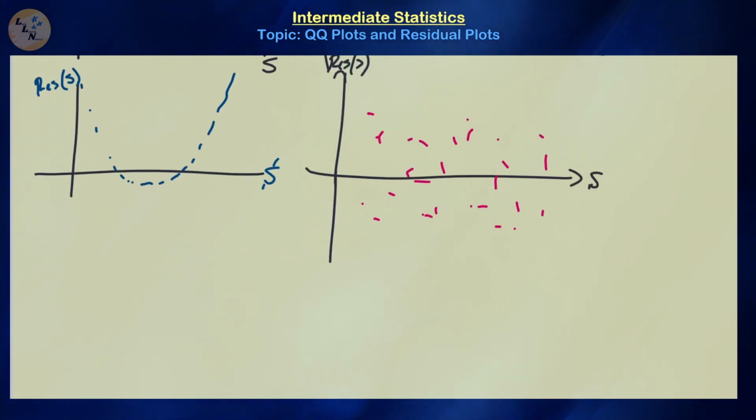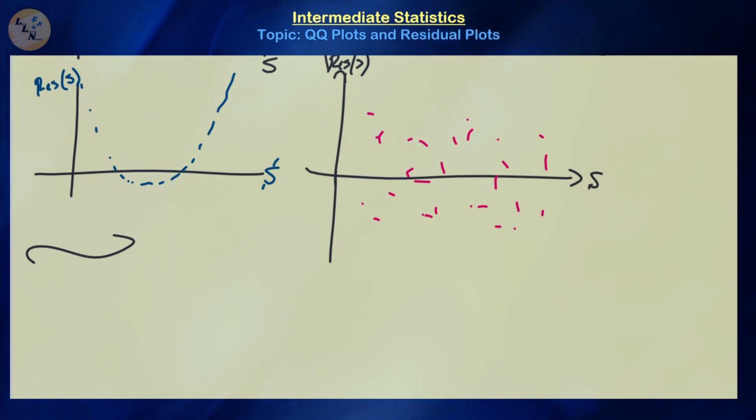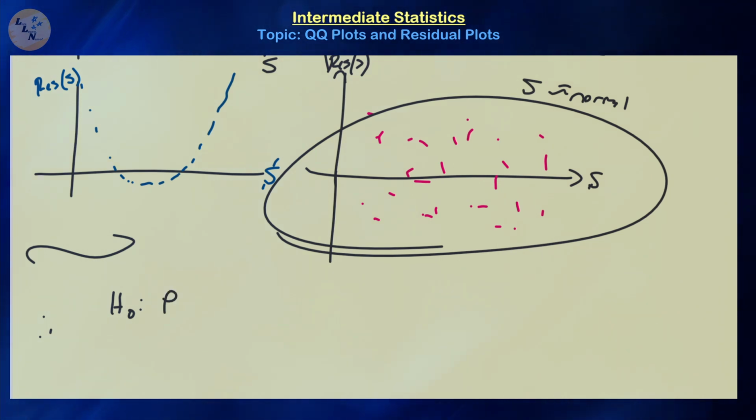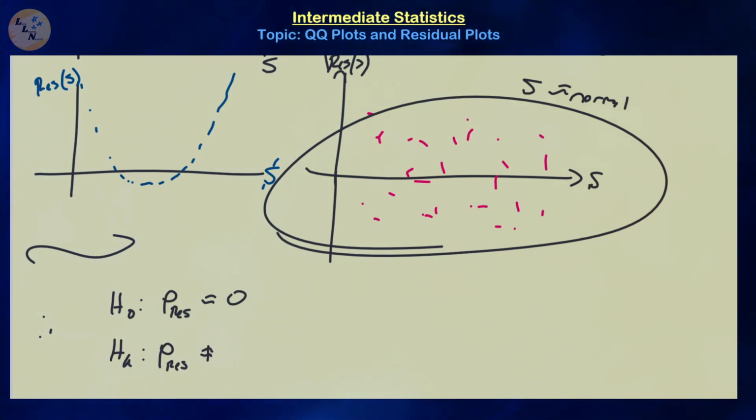So if that is the case, that means, if this is the goal that we want for S to be approximately normal, an equivalent null hypothesis would be that the correlation coefficient for the residual plot should be approximately equal to 0, with a two-sided alternative that it should be not approximately equal to 0.